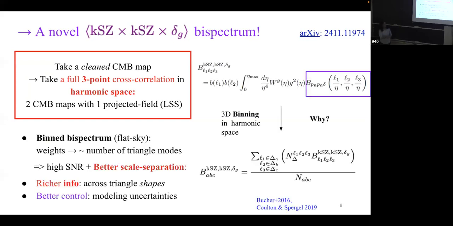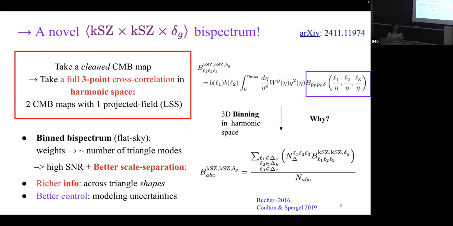The way you actually implement this is we chose to use the binned bispectrum formalism, which takes this 3-point function or bispectrum and bins it in 3D harmonic space. We do this for a bunch of reasons.